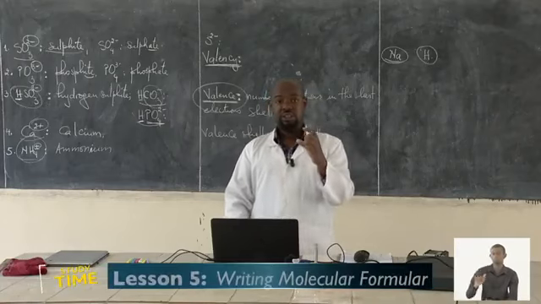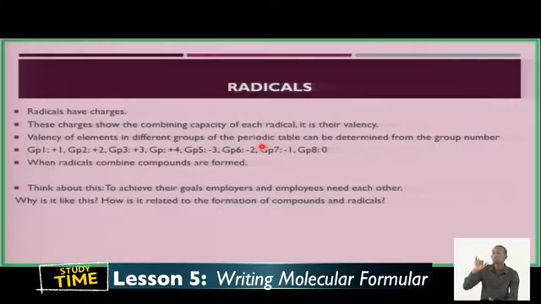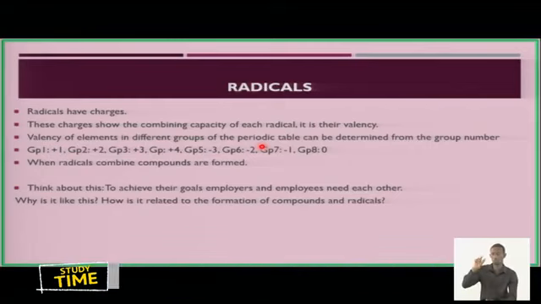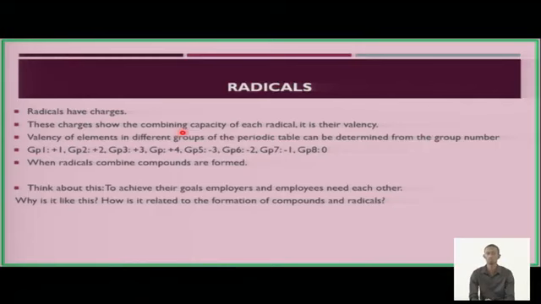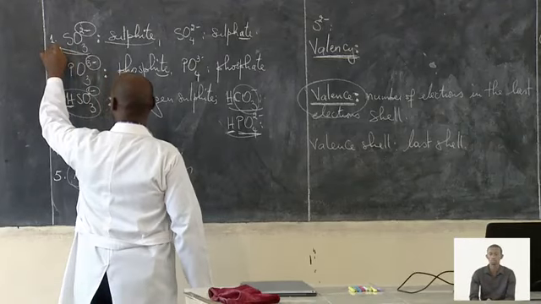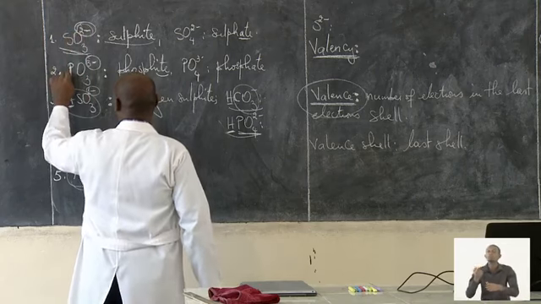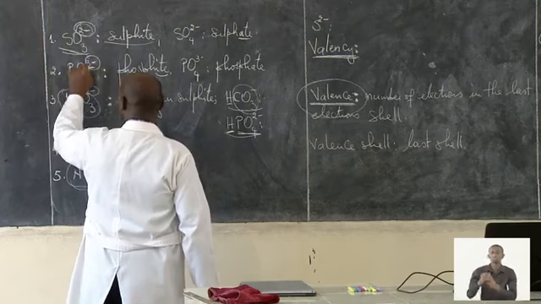And valency can be determined for the radicals simply by looking at the charges. So for the sulfide ion radical, the valency is 2 negative. And phosphide, it is 3 negative.